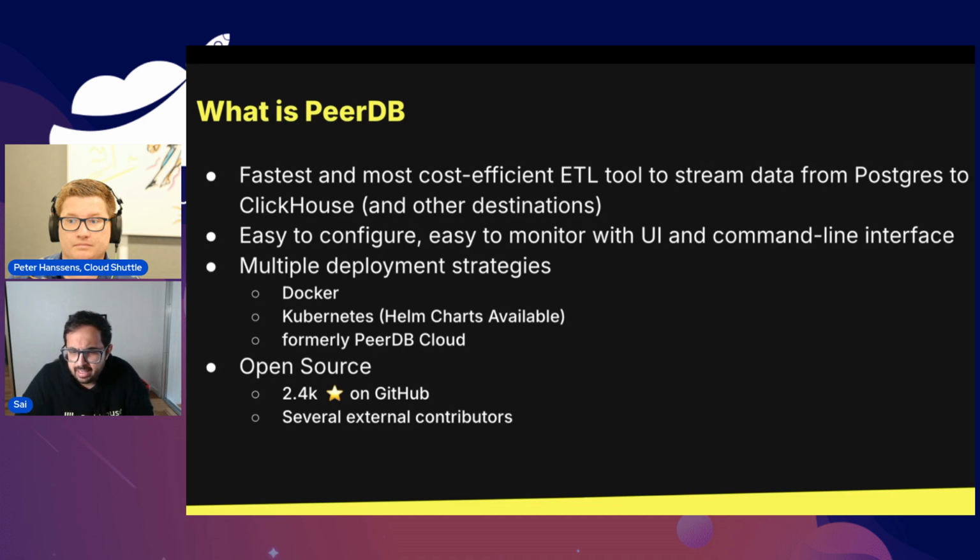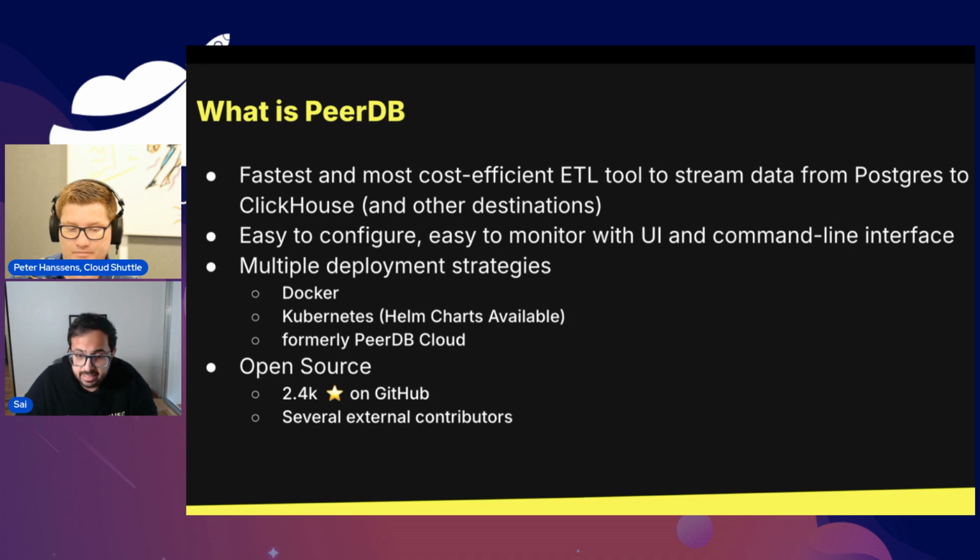PeerDB also provides a command line SQL interface, so you can run a bunch of SQL commands to manage your peers or data sources and mirrors. PeerDB supports multiple deployment strategies, including the standard Docker container, where you run a few commands and have PeerDB running on your local machine. Additionally, we also have Kubernetes Helm charts.